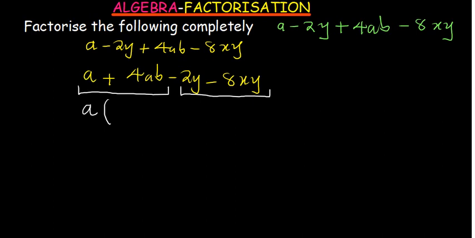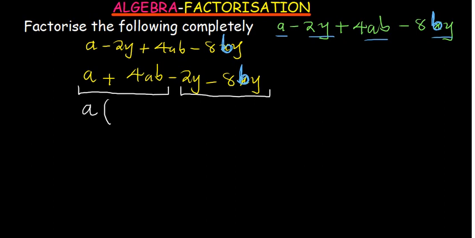Before I even finish it, I just want to change something. Instead of this one being x, put a b there, please, so that it is going to work out. When you are looking at this one, this one has only a, this one has 2y, this one has ab, this one has by.